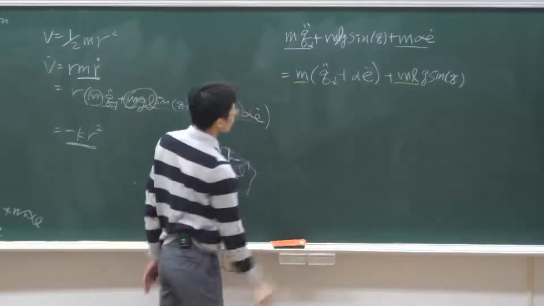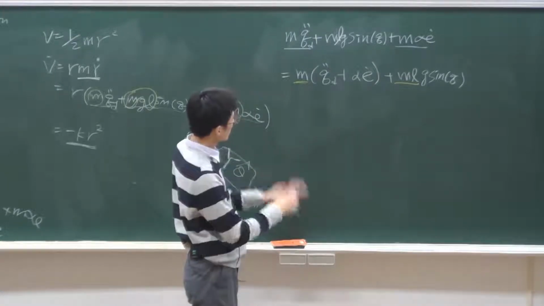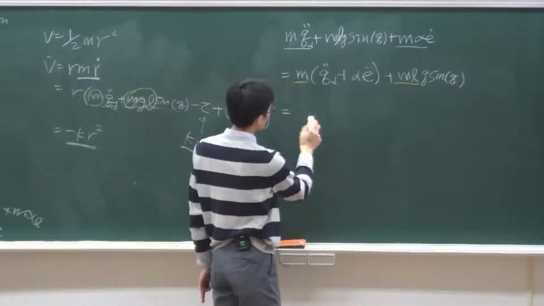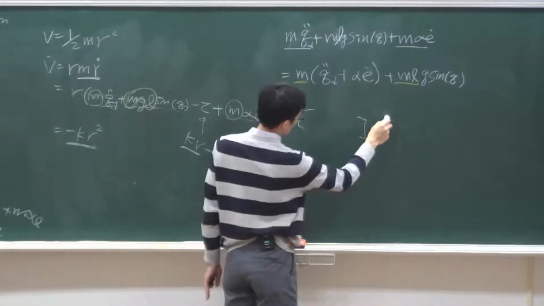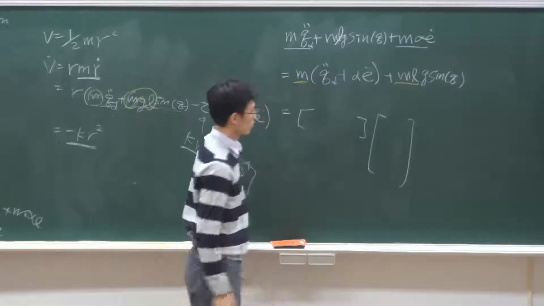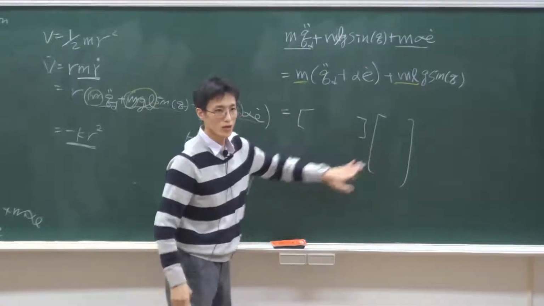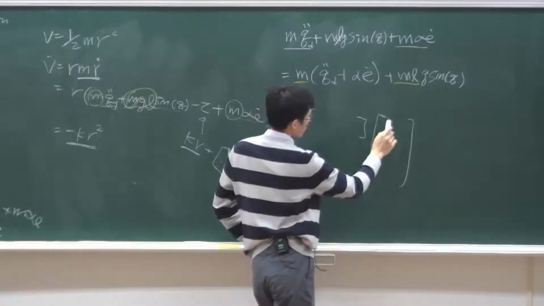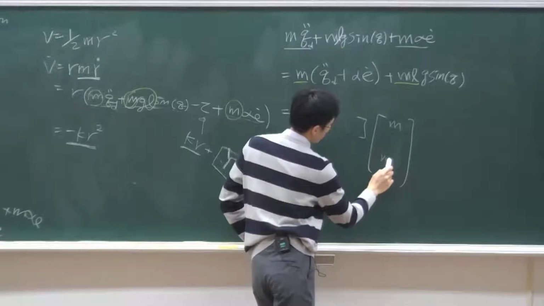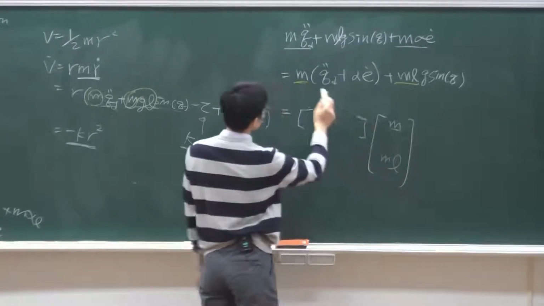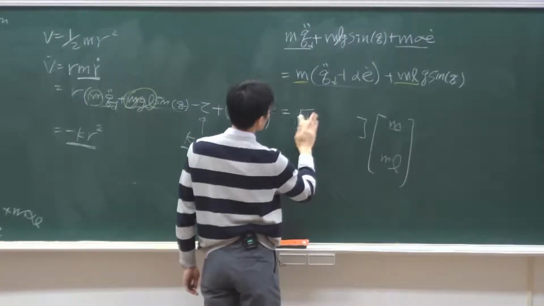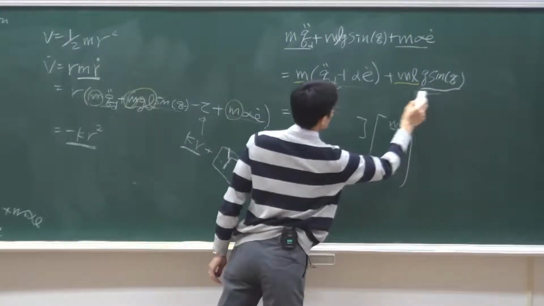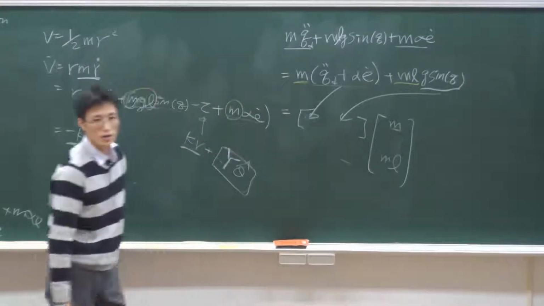Now you can write it in matrix form, which is the product of two vectors. According to this, we put the unknown terms here, m and ml. And m times these terms, ml times these terms, okay?